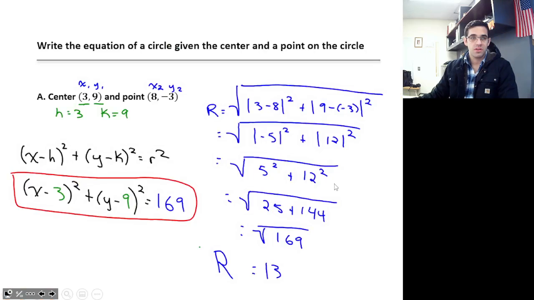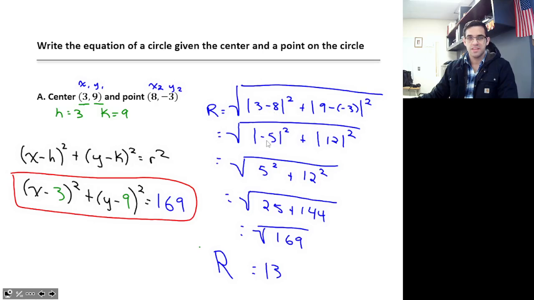Here's an example of how it works. If I give you the center of a circle and a point on the circle, h and k are right there. 3 and 9 are h and k. So we can plug those in. x minus 3 squared plus y minus 9 squared. Now the radius is going to be the square root of 3 minus 8, the x values, squared, plus the absolute value of 9 minus negative 3 squared.